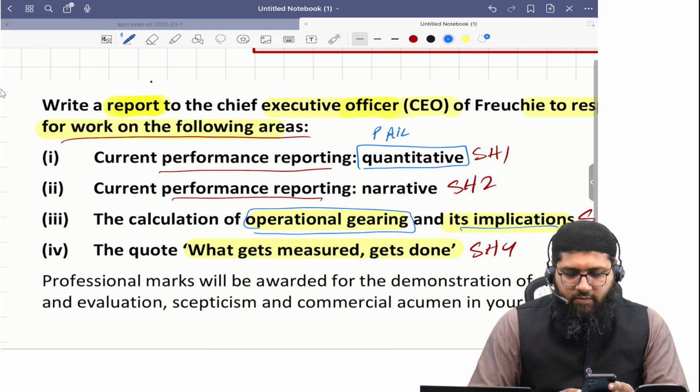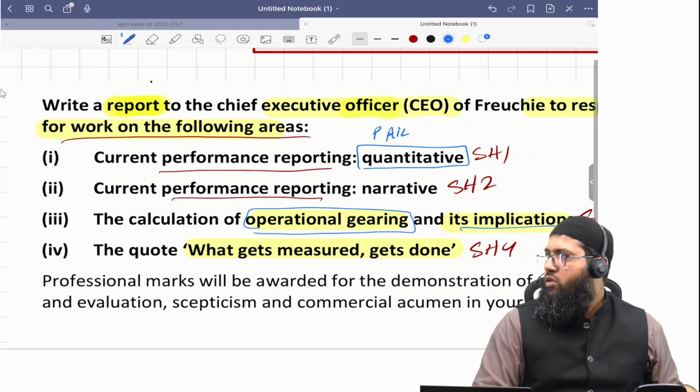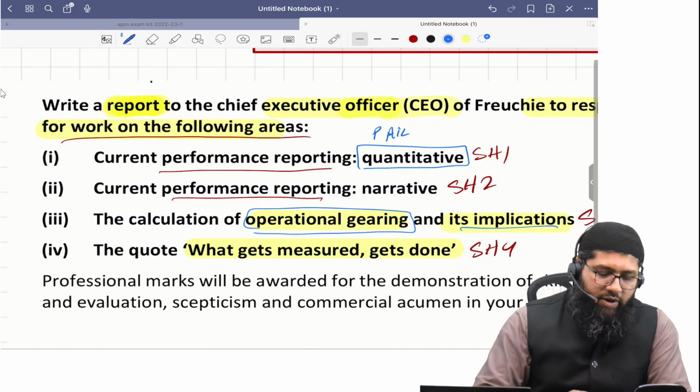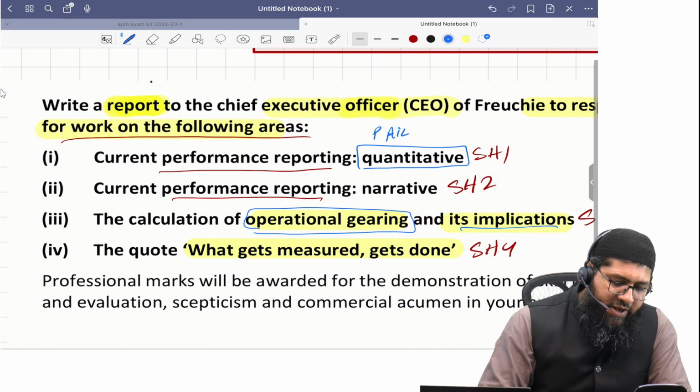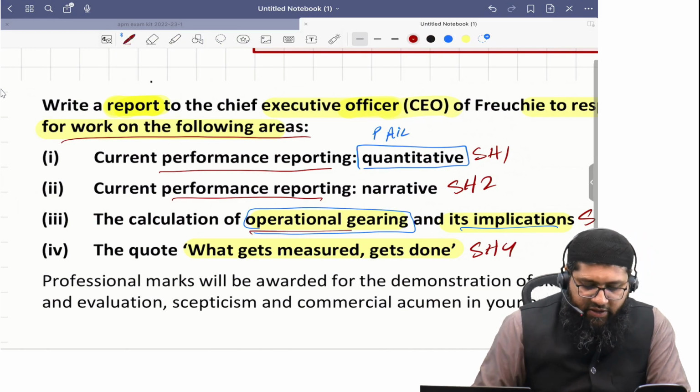Okay, what else is there? See, when we talk about operational gearing, just try to understand this.